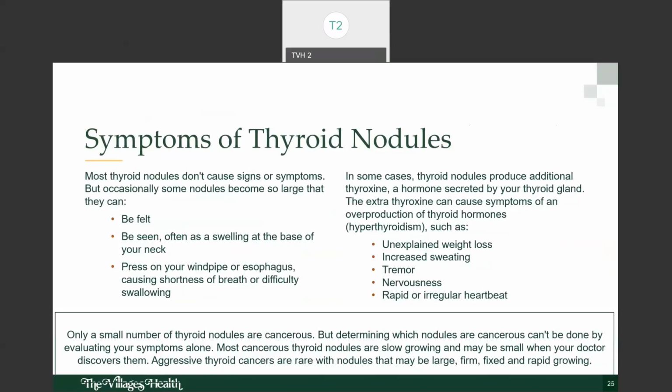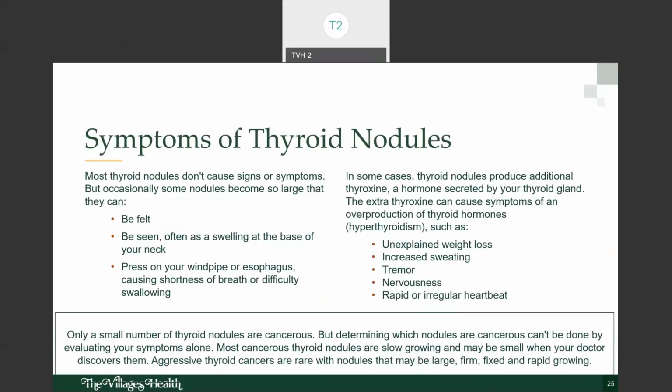In some cases, thyroid nodules produce additional thyroxine, which is a hormone secreted by your gland. The extra hormone can cause symptoms of an overproduction. So remember, overproduction is hyperthyroidism. So you may have some of those symptoms, like unexplained weight loss, increased sweating, tremors, nervousness, or even a faster, irregular heartbeat.